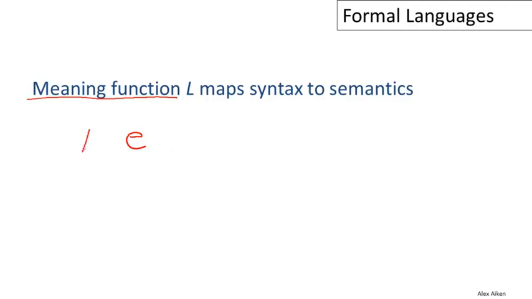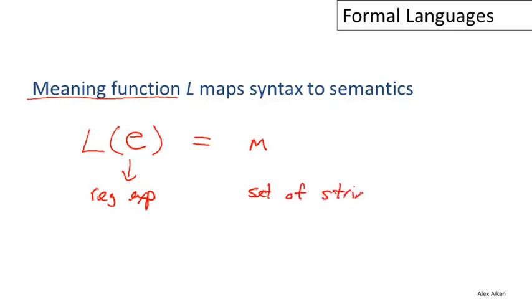And so we have a function L that maps the strings in the language to their meanings. For example, in the case of regular expressions, this would be a regular expression, and that would be mapped to a set of strings, the regular language that regular expression denotes.